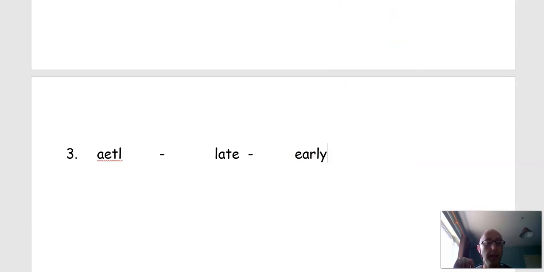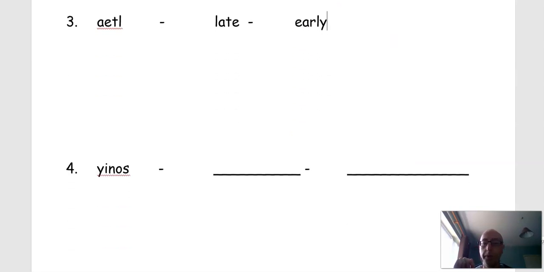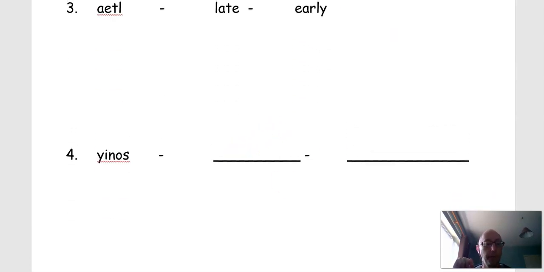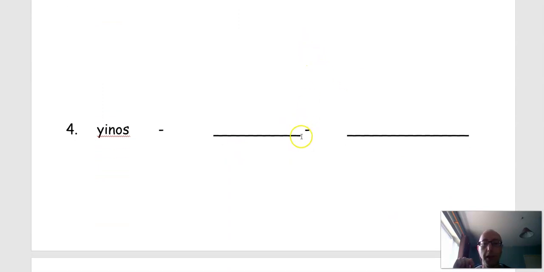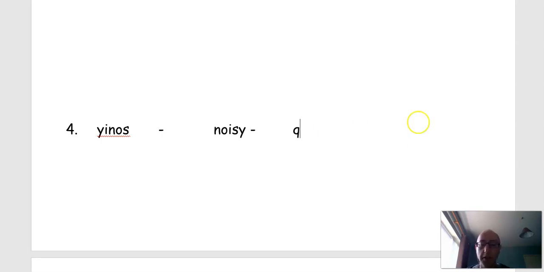The opposite of late is early. Number 4. First letter is N. Next one is O. Can you get the word yet? I-S-Y. Noisy. That's noisy. What's the opposite of noisy? The opposite of noisy is quiet.